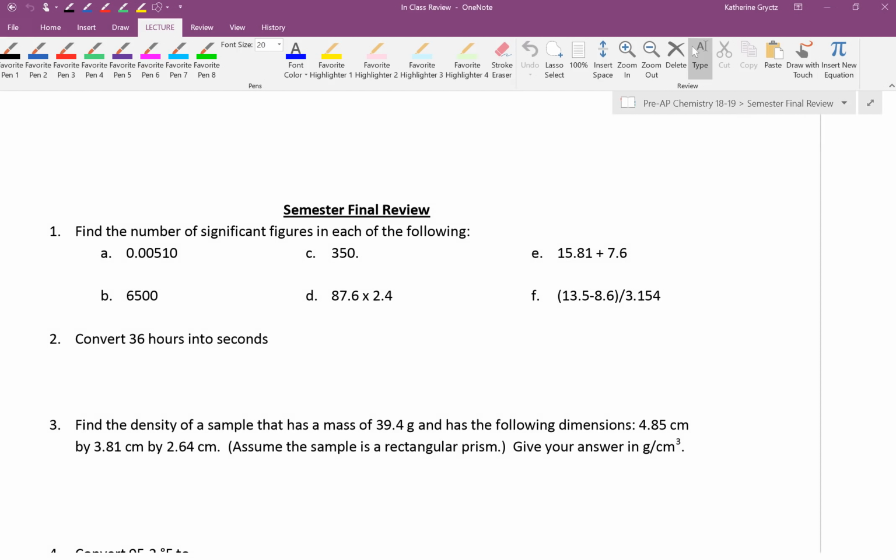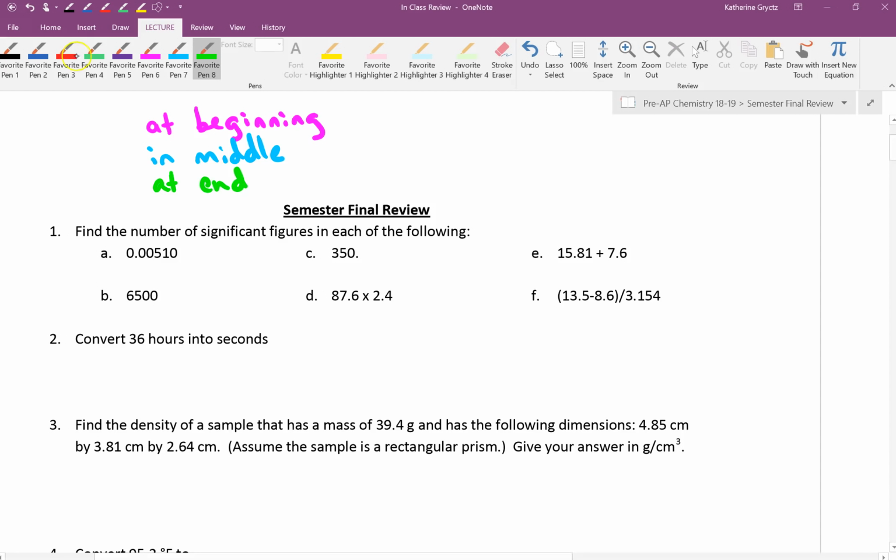So remember that if you're just counting in a number, every digit that's not a 0 always counts. 0 is the issue. So there are 3 places a 0 can be. It can be at the beginning of the number, it can be in the middle of the number, or it can be at the end. So if the 0 is at the beginning, never count it.